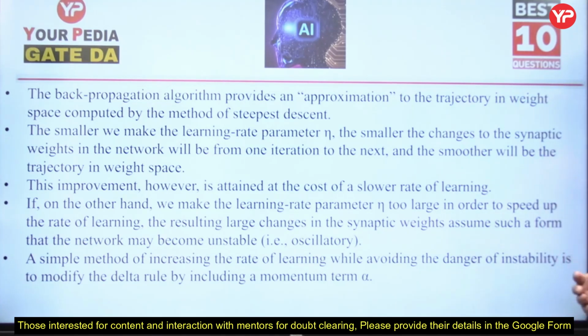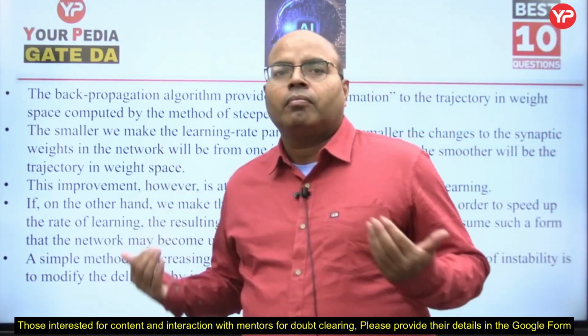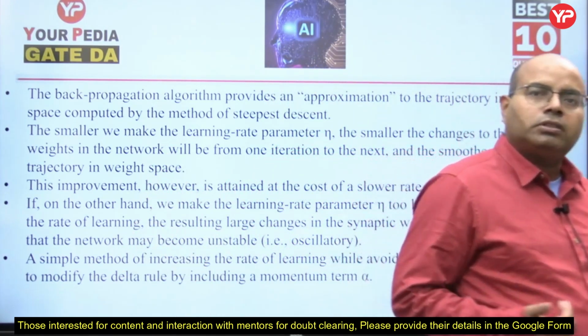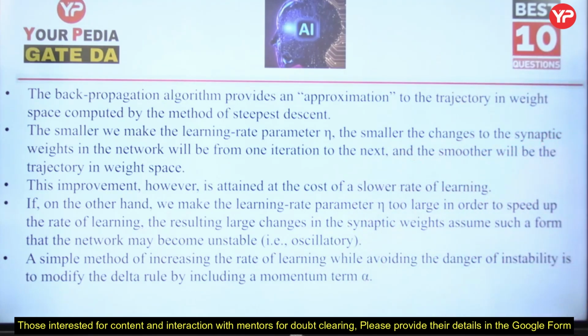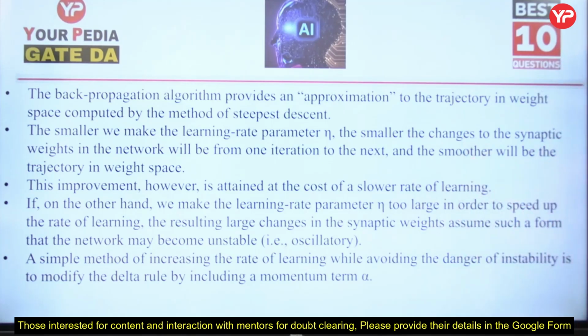We are trying with the learning rate to speed up the learning process. But the problem is, once it speeds up, the weights shift very fast, and due to that the network becomes unstable. So that's why we have to slow the rate sometimes.